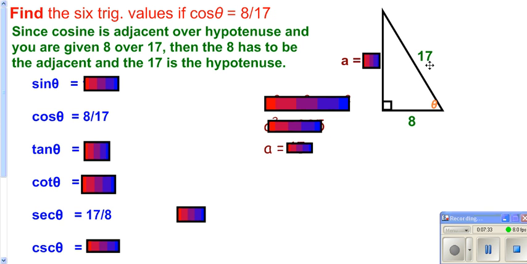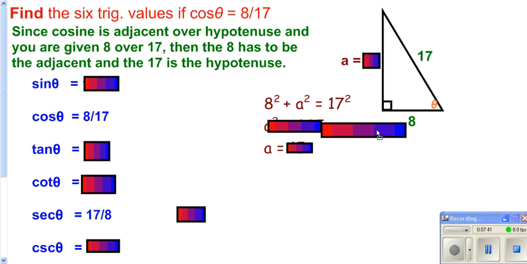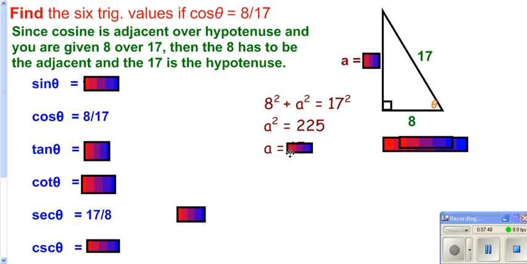All we have to do now to figure out the missing side is use your Pythagorean Theorem. This side squared plus this side squared equals that squared. Subtract your 8 squared, which is 64, from both sides. Take your square root, and you end up getting 15. So this vertical side, as the triangle is drawn, is 15.